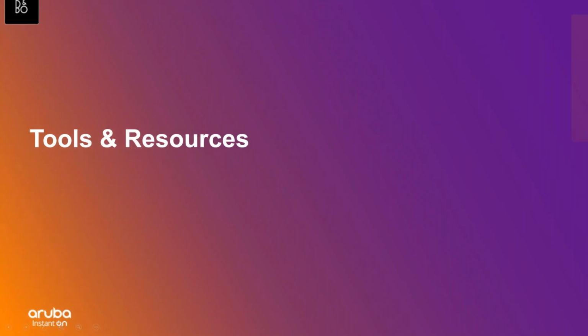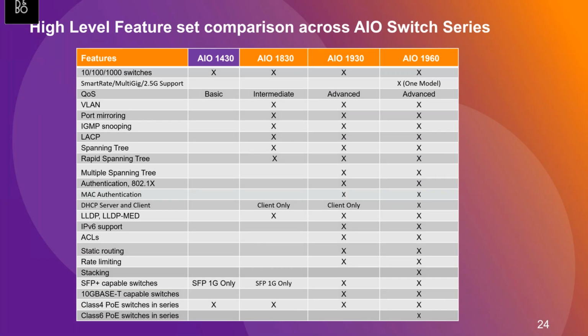So for tools and resources, this is a slide that I put together. I know you guys have seen this one before, right? Showing all the switches and their basic features and functionality. If you look at, for example, the 1960, you see some of the additional things you get here. Notice there's one model of Smart Rate, multi-gig or 2.5 gig, whatever you refer to it as.